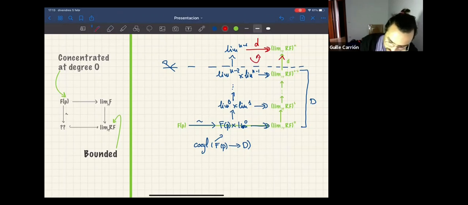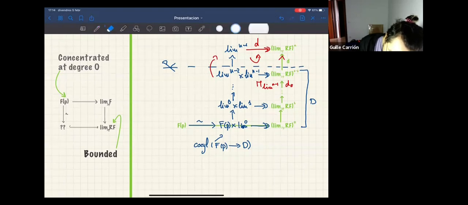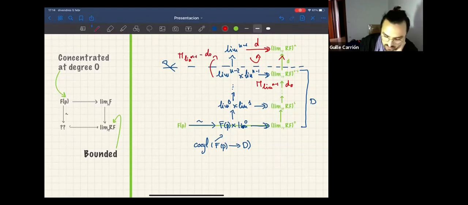This is also easy to see because this is the projection on lim n minus 1, and if I name this D0, this is P lim n minus 1 minus D0, and this composition is the same as this composition, because this composition is 0.